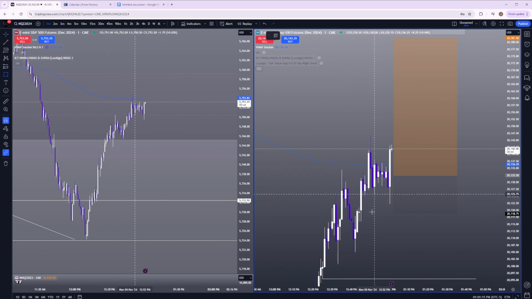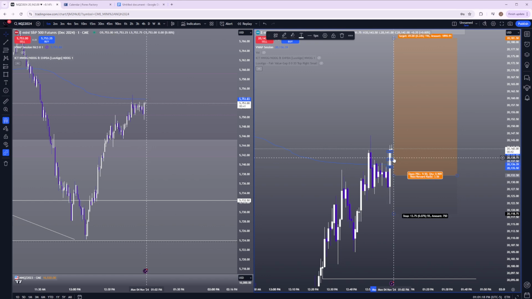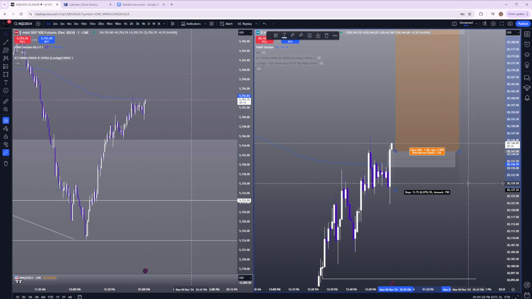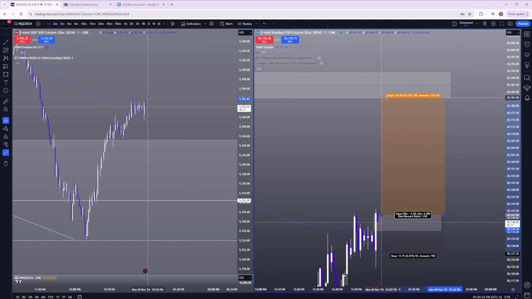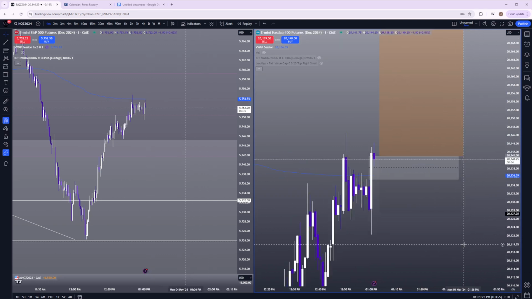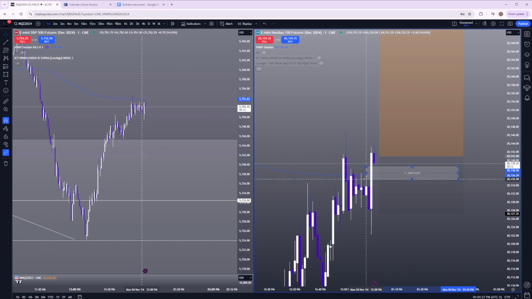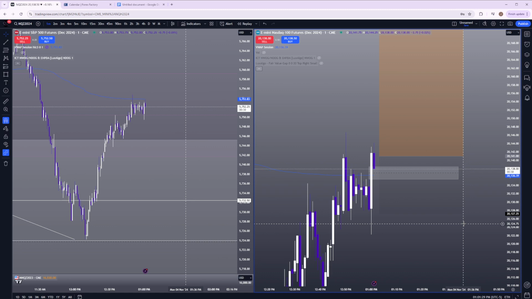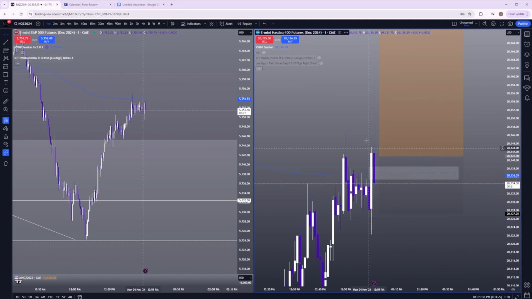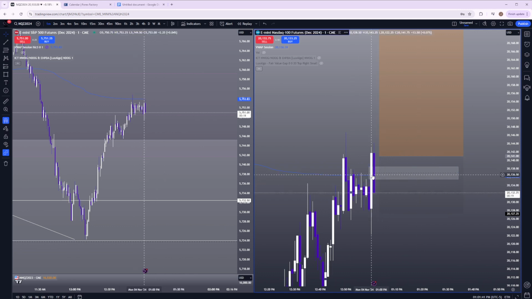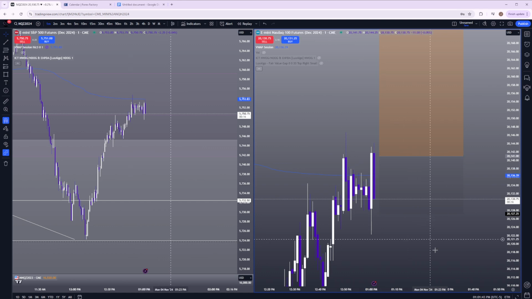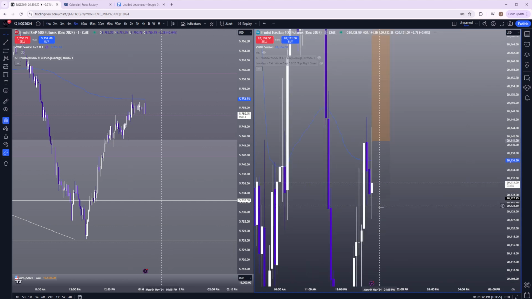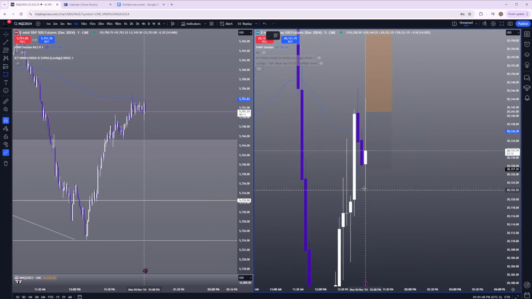You could have taken the 5 minute entry, but I'm going to wait for a 1 minute fair value gap entry here. Again, if we can actually create a 1 minute fair value gap. And we're not creating a 1 minute fair value gap anymore. So no 1 minute fair value gap here, never mind, no entry there. But we did get a very nice bounce originally off this 5 minute busy right here.